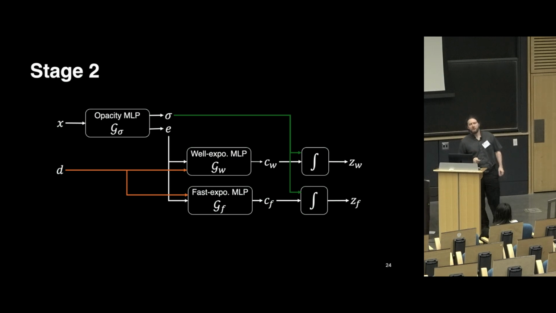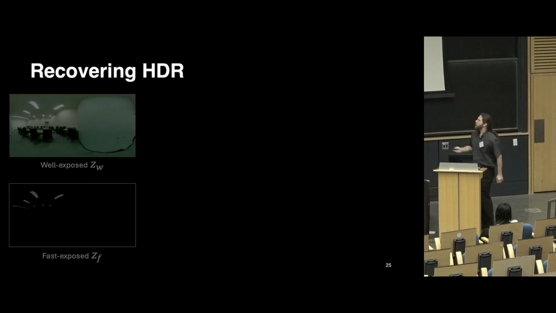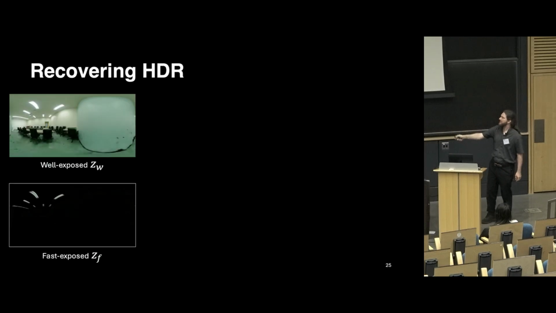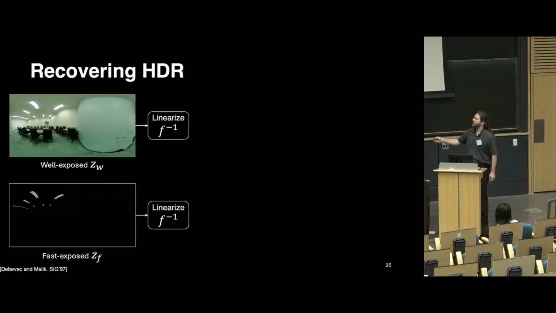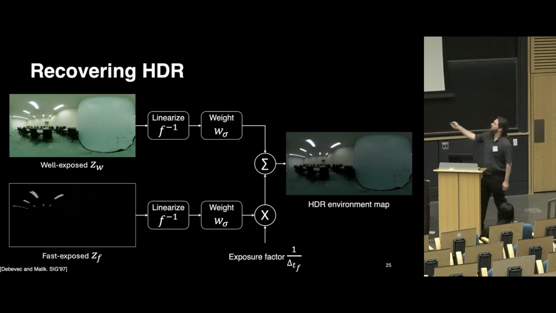How do we reconstruct a full HDR from this? We take the two images that are generated by the two neural networks that I just showed you, and the first thing that we do is inverse the camera function. Both of those multi-layer perceptrons output in sRGB color space. We linearize them. We apply a weight.